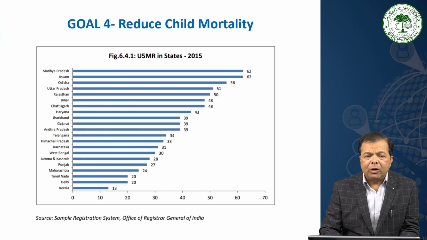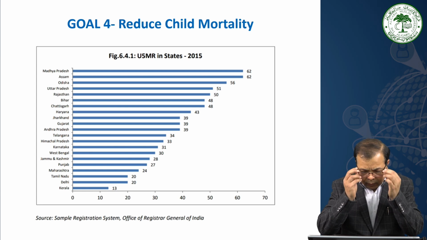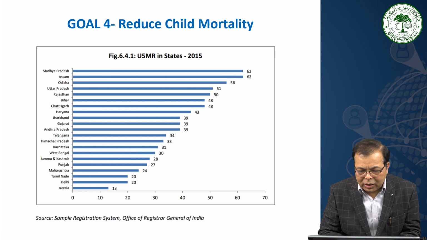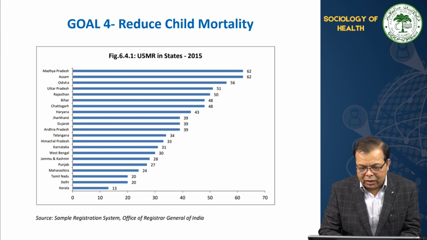Now, here I have included a graph taken from that government report itself, and it helps us understand the prevalence of under 5 mortality in the states of India, right? We can see in this graph that Madhya Pradesh is at the top with the highest prevalence, as high as 62.